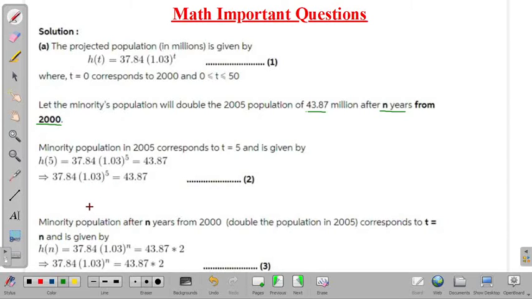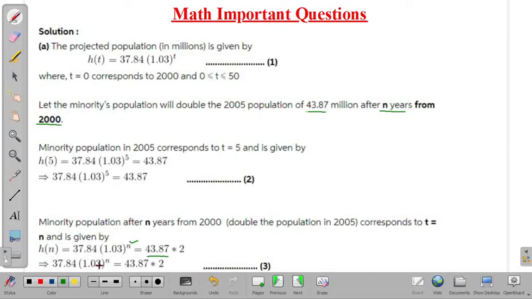Now after n years from 2000, we need to substitute t by n. It is given that the population will be double, so the population will be 43.87, which is the 2005 population, multiplied by 2, and here we have substituted t = n.